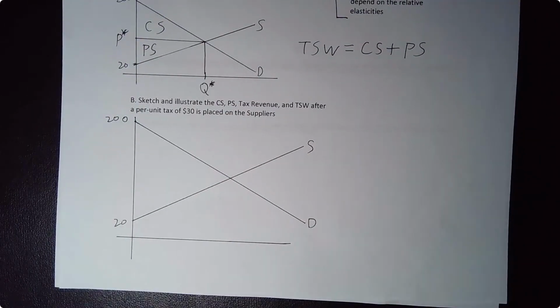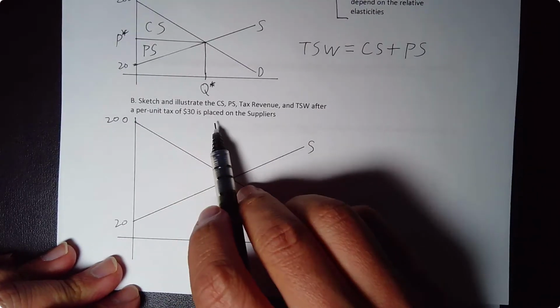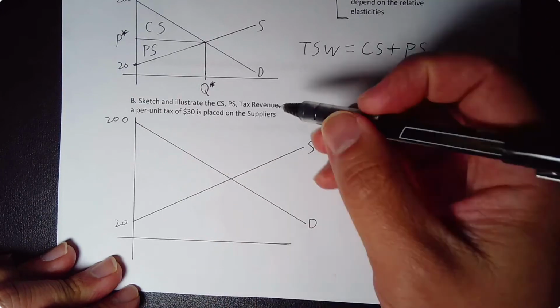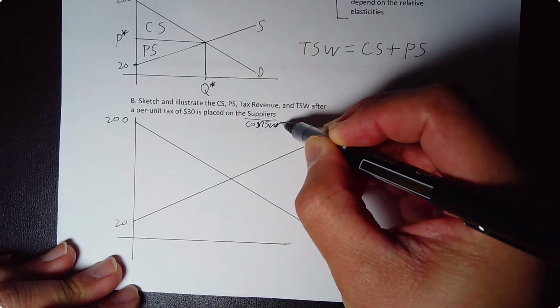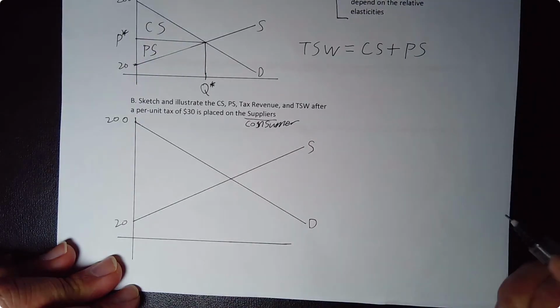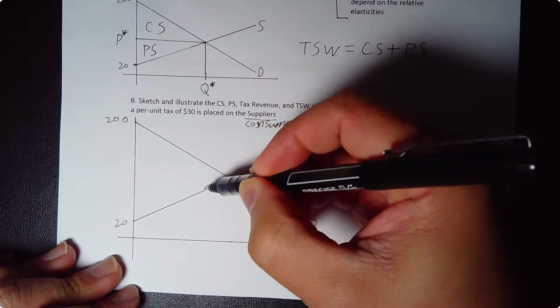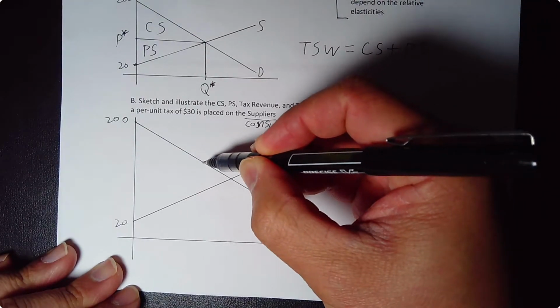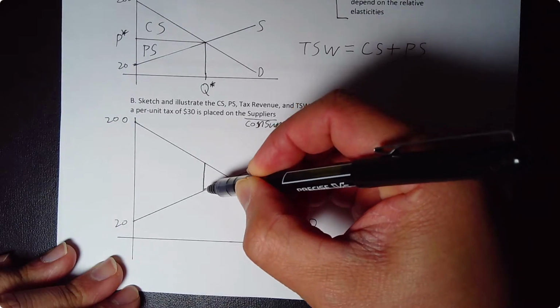That gives us a very easy way to illustrate the effect of the tax. Now, this says the $30 is placed on the supplier. It doesn't matter, even if this said consumer. We will proceed and do the exact same thing, and that is we put a wedge. So we put a wedge of $30. Imagine, or just approximate, this is probably what $30 is.